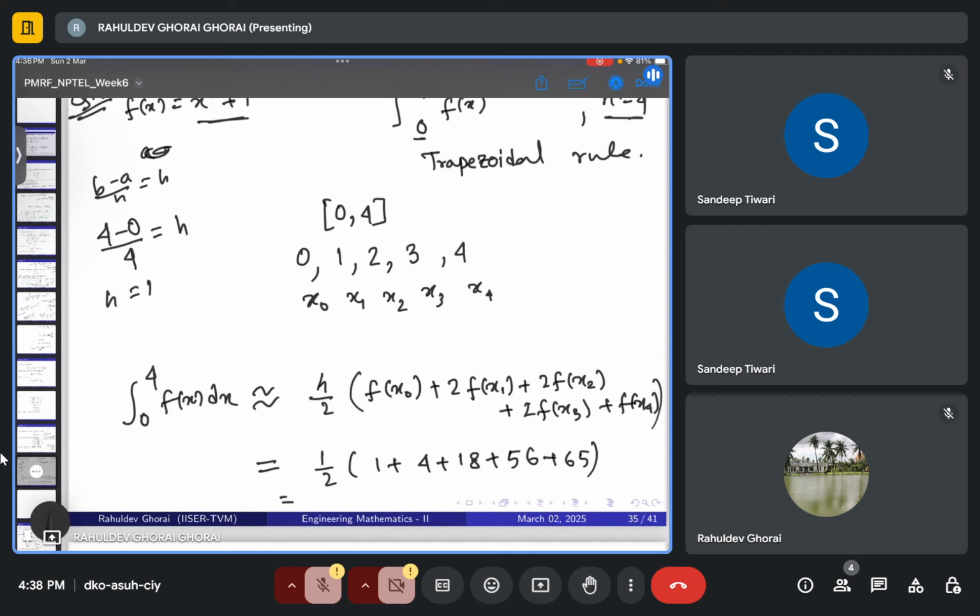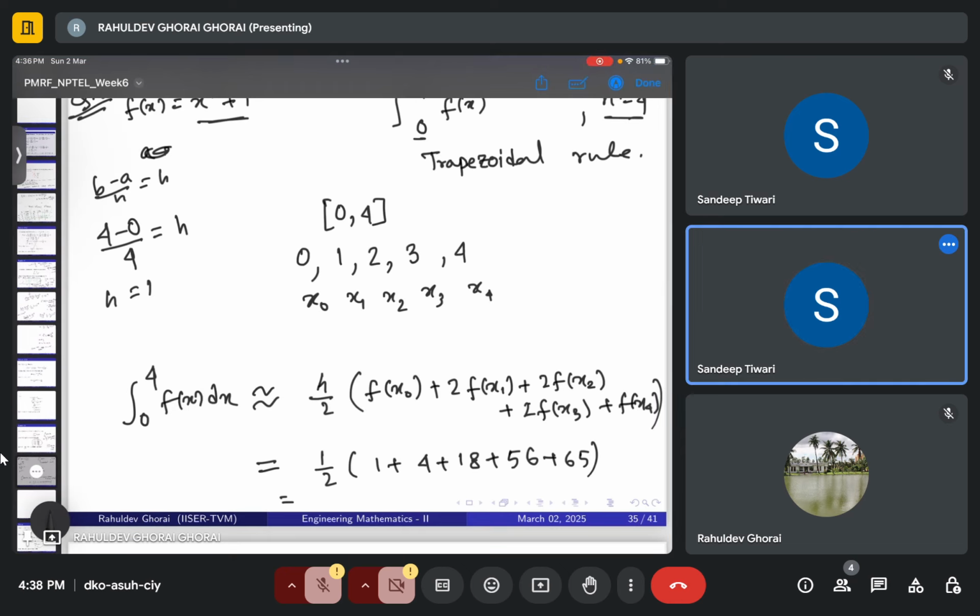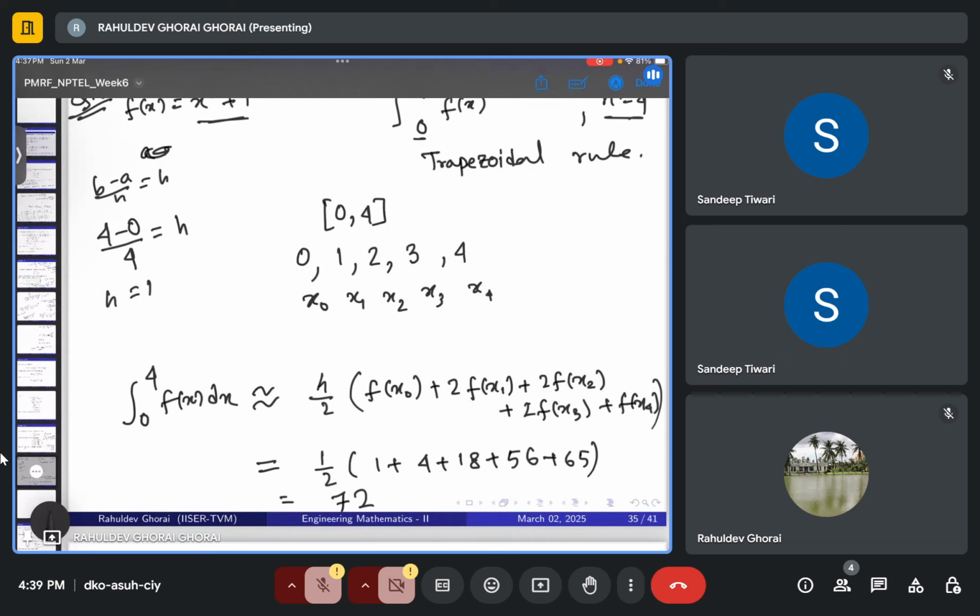What will this be? 4 and 1 is 5, 5 and 18 is 23, 23 and 56 is 79, 79 plus 65 will be 144.